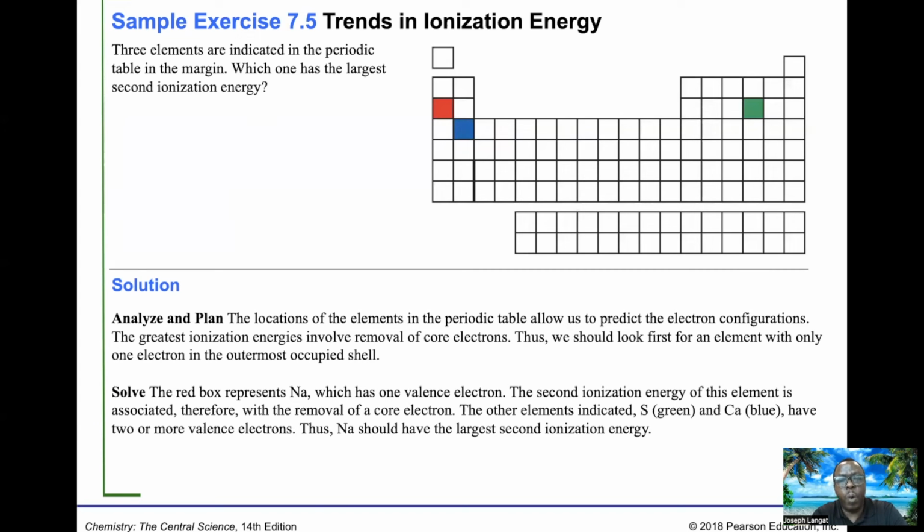Once you remove the one valence electron in the first ionization energy, the second ionization energy would be what? It will be the core electron. This cannot be, because this has two valence electrons. First ionization energy is a valence electron. Second ionization energy is the core. Still a valence electron, and it's easier to remove that.